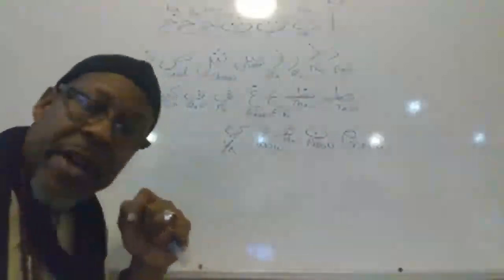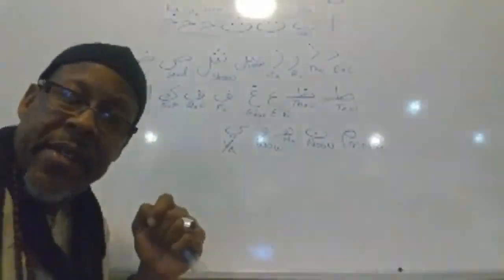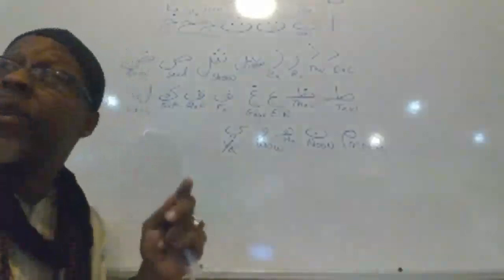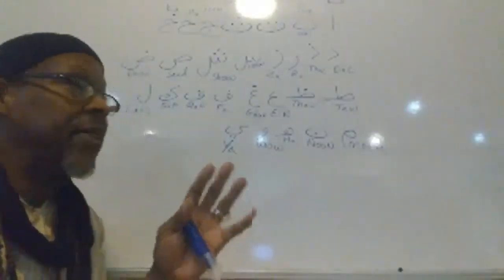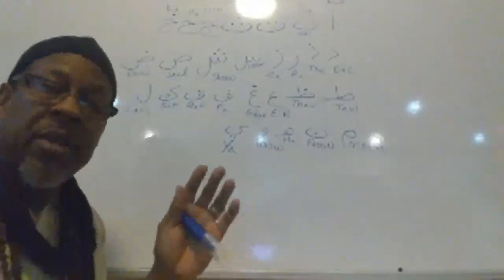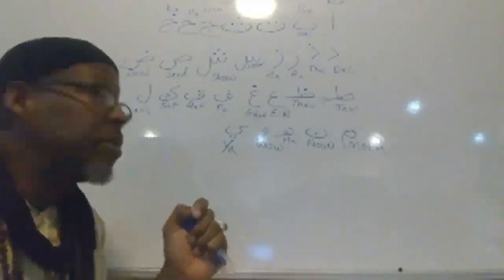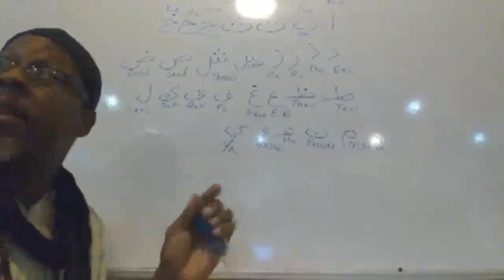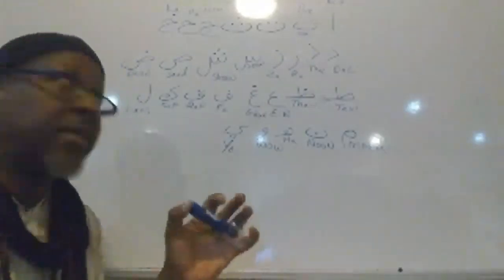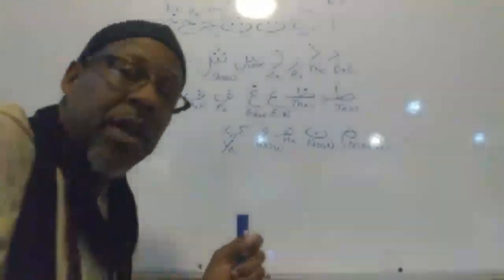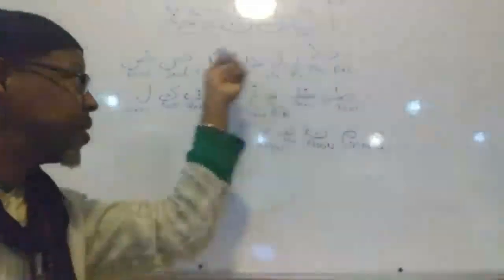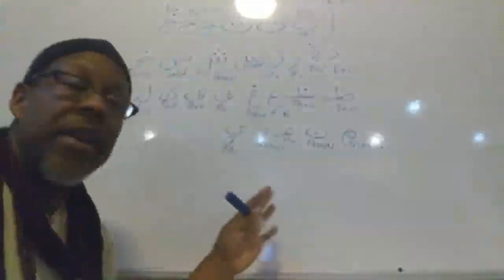Usually it takes about 8 weeks. I'm going to try to do a condensed class to teach everybody how to read in 4 weeks. But if you don't do the homework, you won't be able to read in 4 weeks. If you do the homework, you'll be reading Arabic in 4 weeks based on how I want to teach it. Because once you memorize these letters, you have the foundation for Arabic.